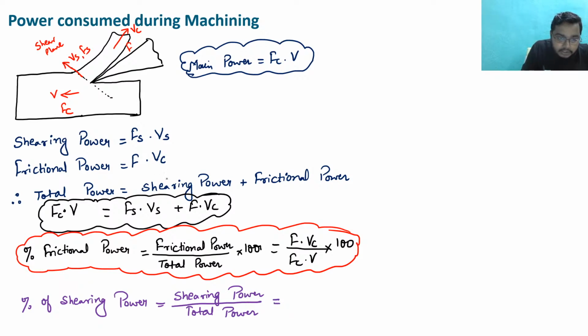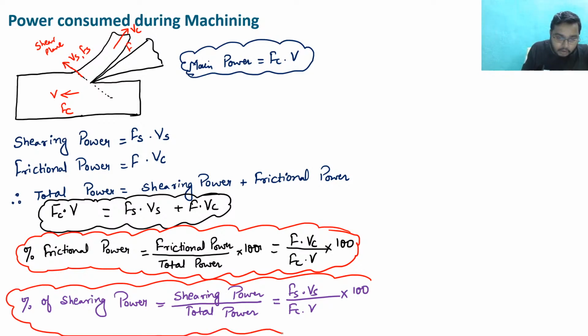Shearing power is Fs into Vs, so you can write Fs into Vs. Total power is cutting force into cutting velocity. This into 100, so this is going to be in percentage. So these are the two relations that you have got.